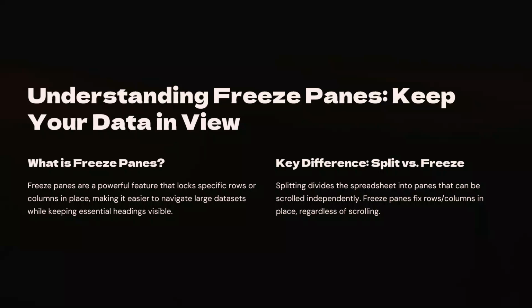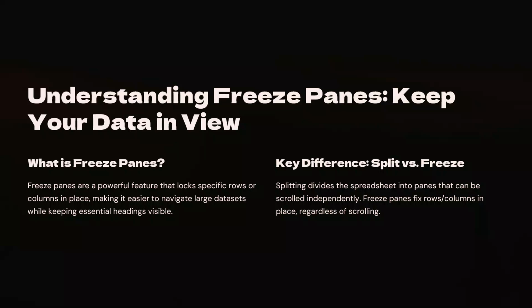Understanding freeze panes keeps your data in view. What is freeze panes? The key differences. Then there is a difference between freeze pane and split. So what is freeze pane? Freeze panes are a powerful feature that locks a specific row and column in place, making it easier to navigate large data sets while keeping essential headings visible.